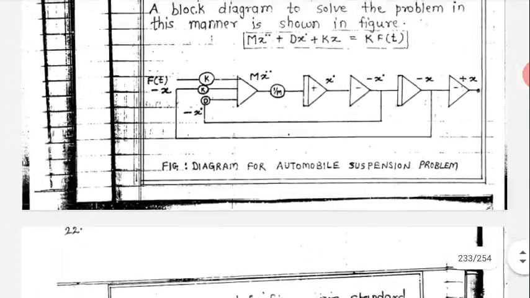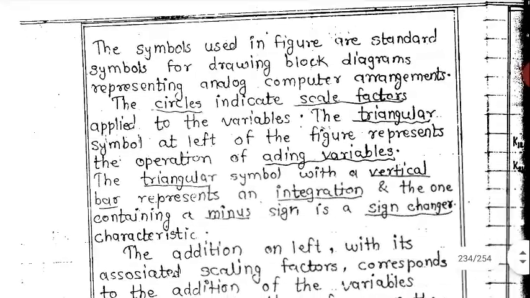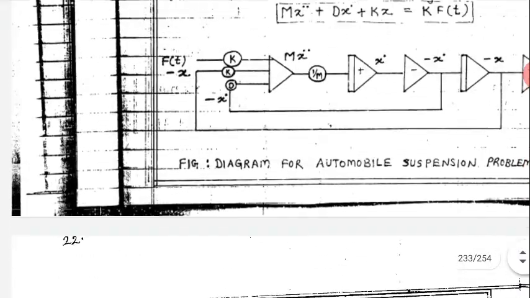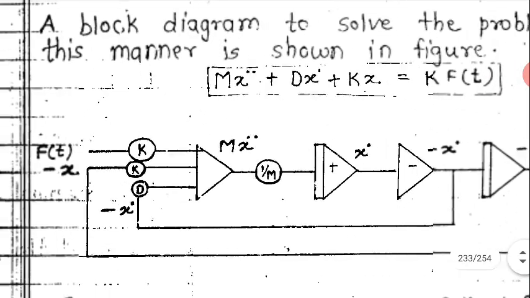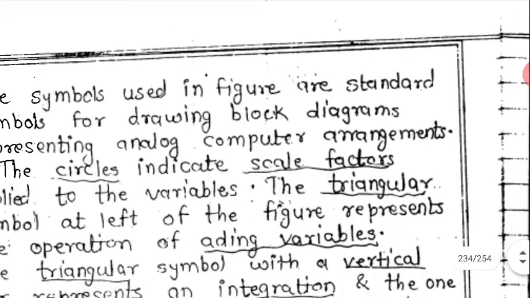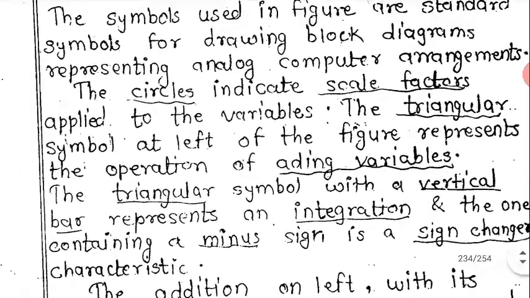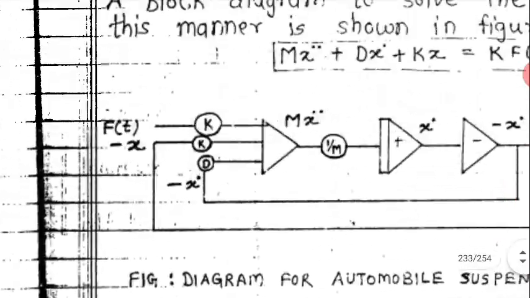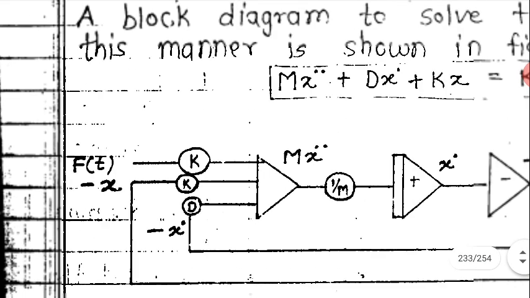After that we will see what the symbols in this figure are indicating. This circle indicates the scale factor, that is given as 1 by m. Then the triangular symbol to the left of the figure represents the adding of the variables.